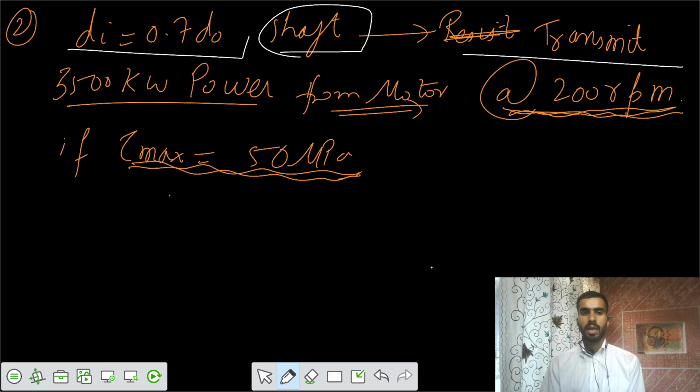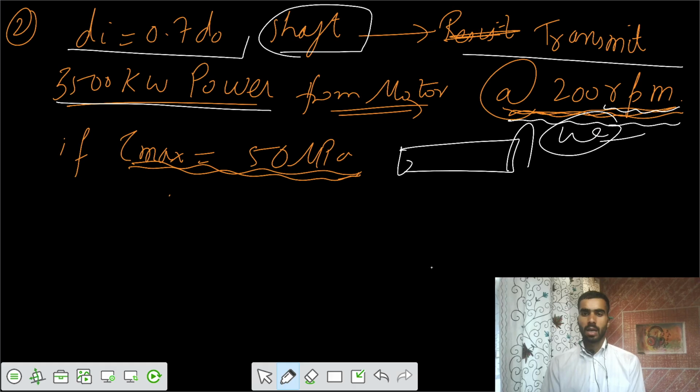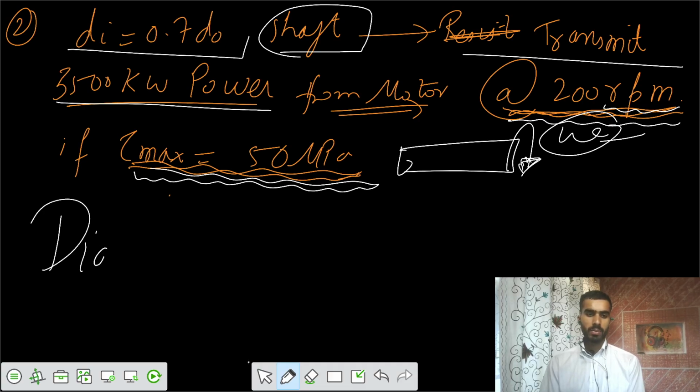It has to transmit a power of this much at that rotational speed, 200 revolutions per minute. And the maximum allowable shear stress equals 50 megapascal, and you need to say what should be the diameter of the shaft.